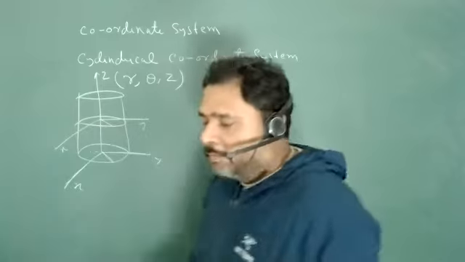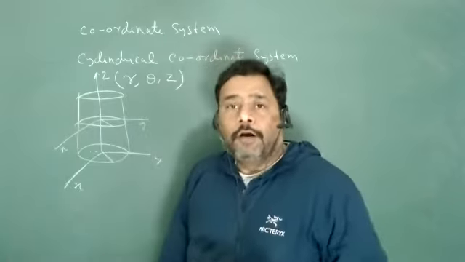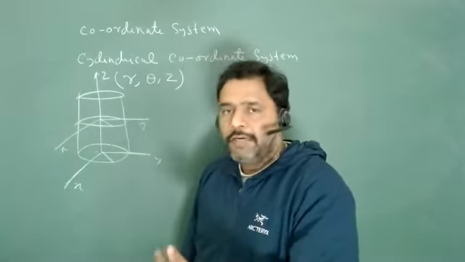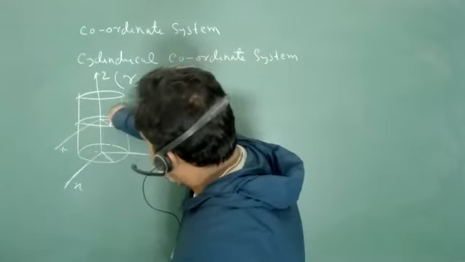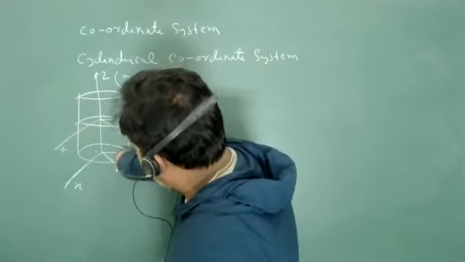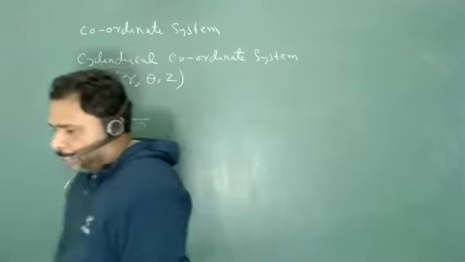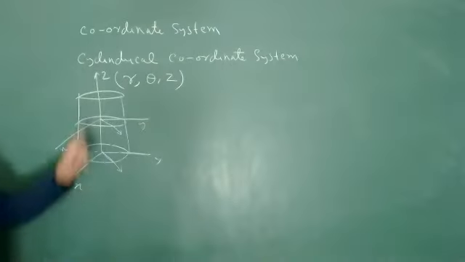So your r is measured from the z-axis actually. This is the radial direction. This is your r, so one radial part.